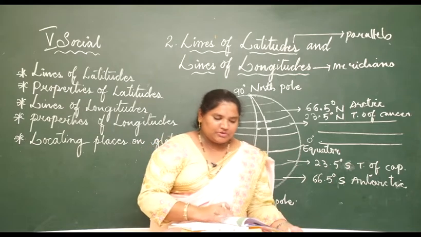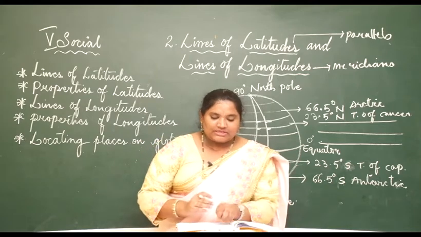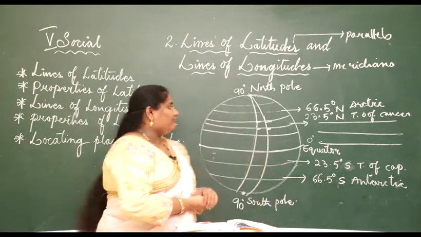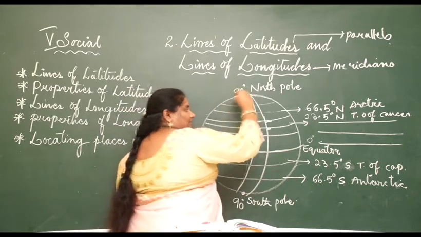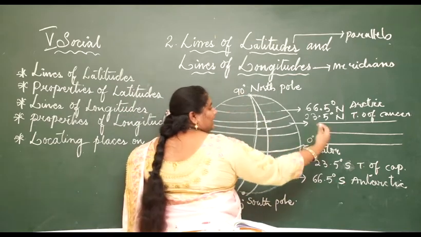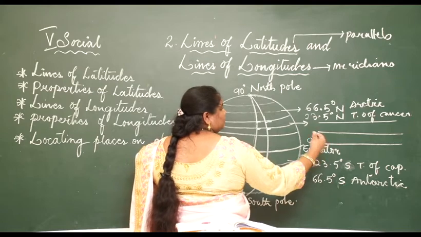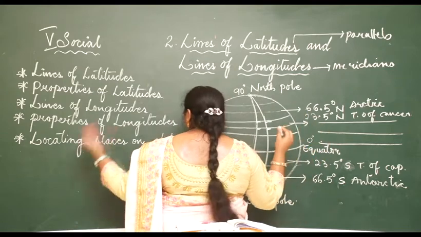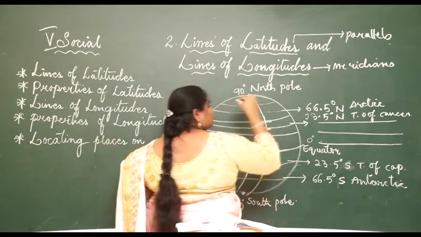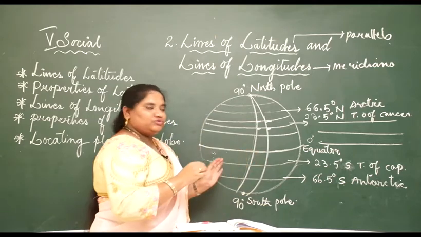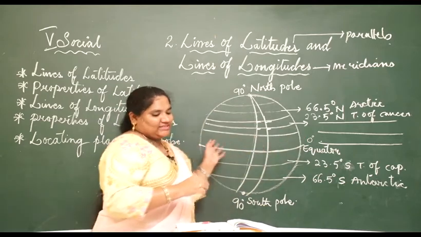Then next, these lines of longitude are followed by the right side, the right of your hand. Which direction does it show? It shows the east, and the left of your hand is west. So these lines of longitude go to the east and west.